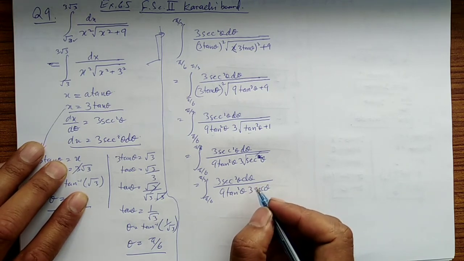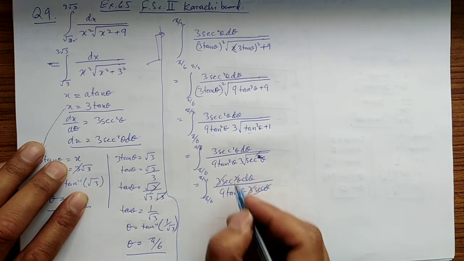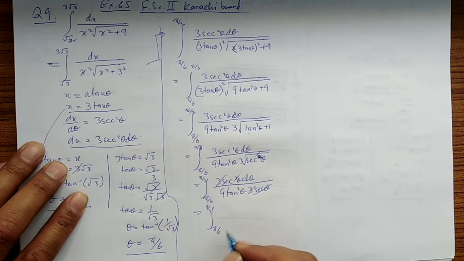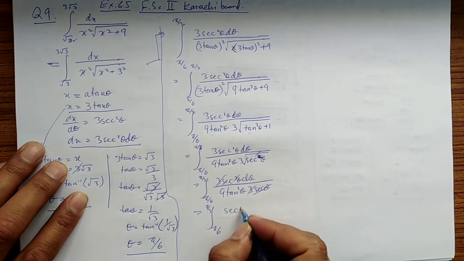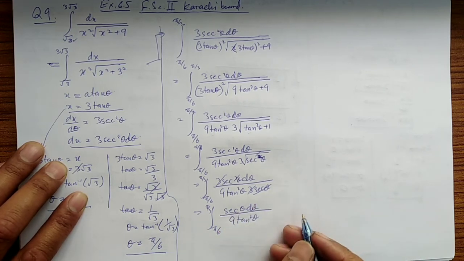Now we can cancel out this 3 and 3, and this sec with one sec, leaving integral of sec theta d theta whole divided by 9 tan square theta.